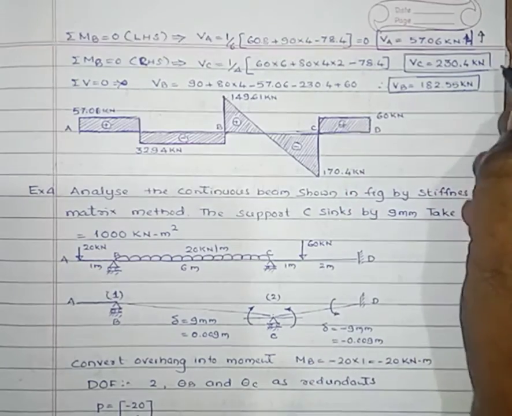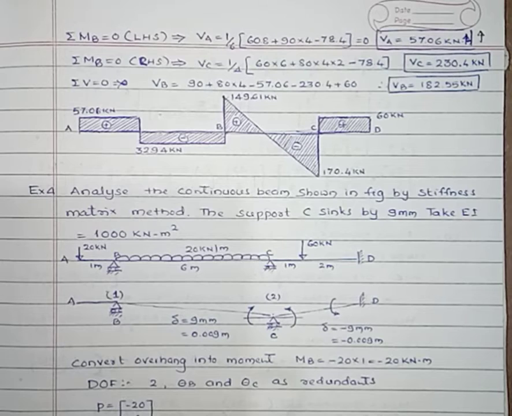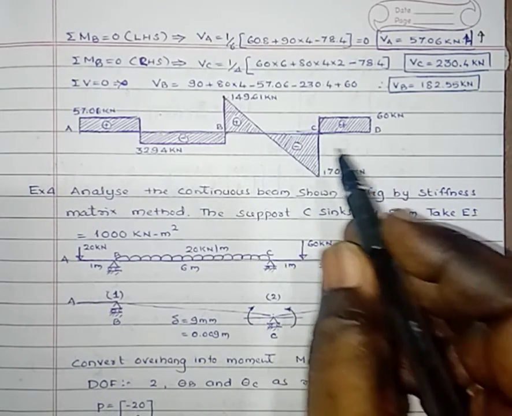Here you will get VC equals 230.4 kilonewton.